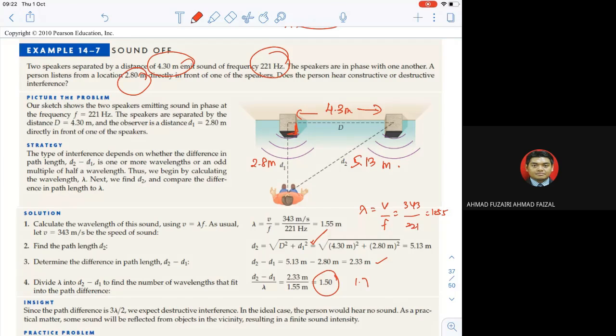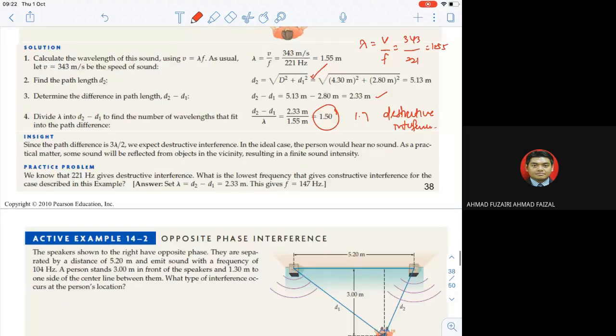It's because when we have path length difference 0, 1, 2, 3, then it should be constructive. But if you have 1.5, 2.5, 3.5, that is the value for destructive. So this person will hear destructive interference. That's how you determine whether it is constructive or destructive.